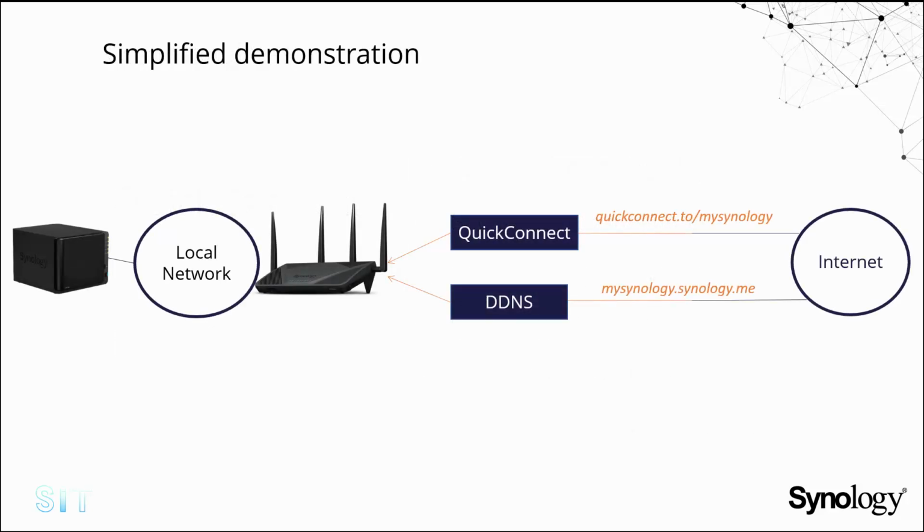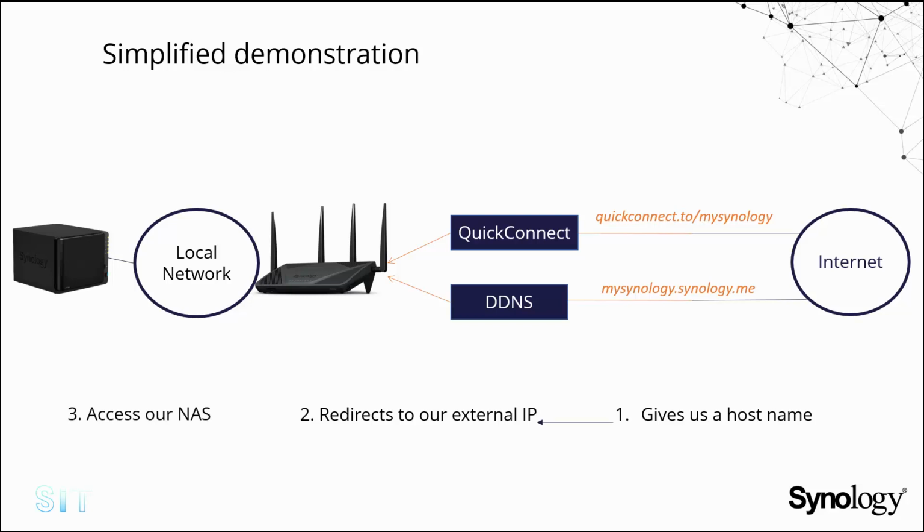Simply explained, both services are to be seen as intermediaries between the internet and our home network. With both, we can set up a so-called host name, so we don't have to remember the long external IPs. Both QuickConnect and DDNS connect us to our home network because they know which external IP addresses belong to our host name.